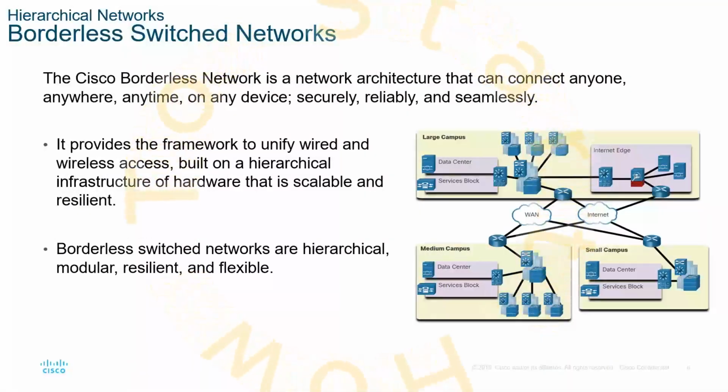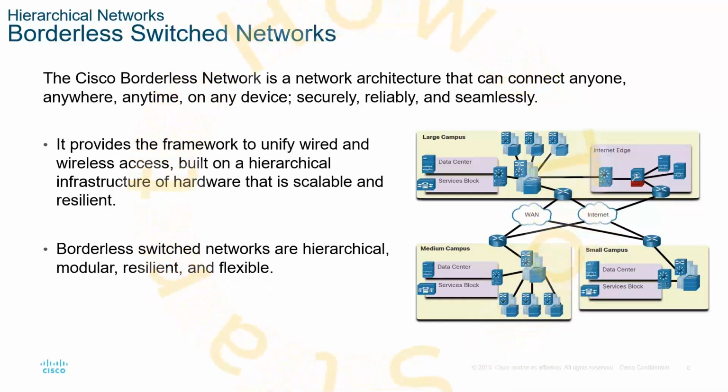As we've grown throughout the last 30 plus years, we've also got a newer concept called borderless switching networks, and that is now looking at different branch locations and how they tie directly into our different LANs. The borderless switched network provides the framework to unify wired and wireless access, built on a hierarchy infrastructure of hardware that is both scalable and resilient.